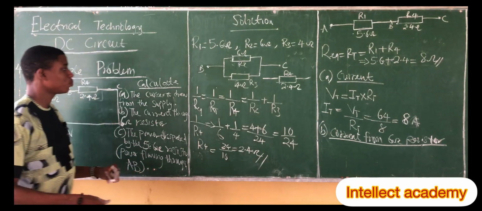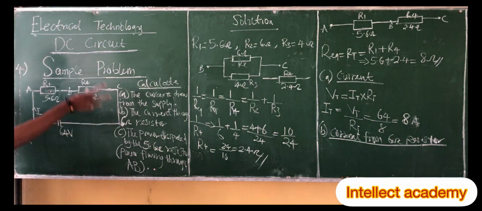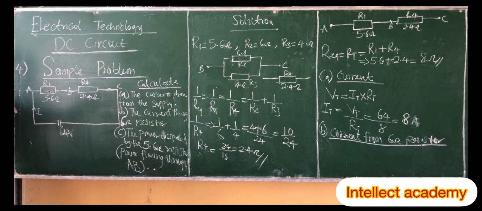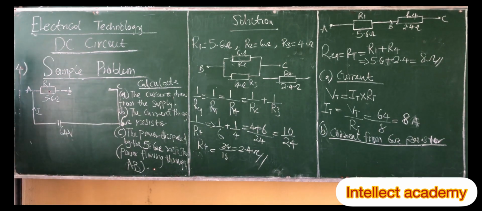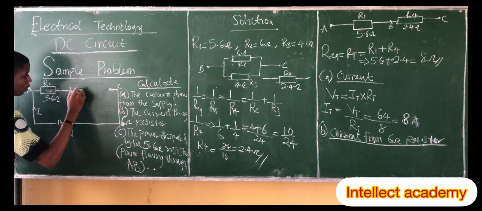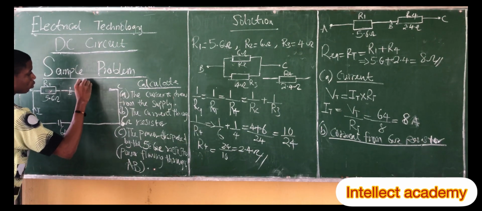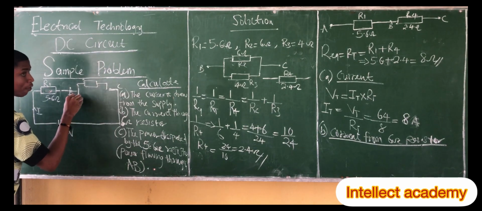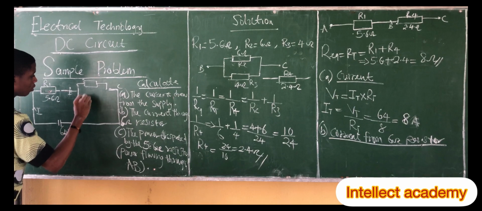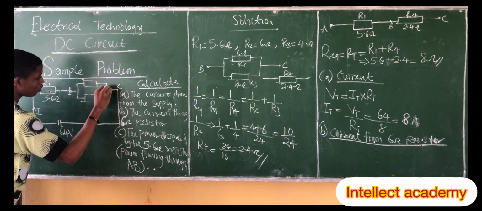Now take note. When it flows, we said that currents in series are equal, right? Now let me bring this diagram to the former diagram it was operating. So let me bring this down. We are having a resistor here, a resistor here, right?